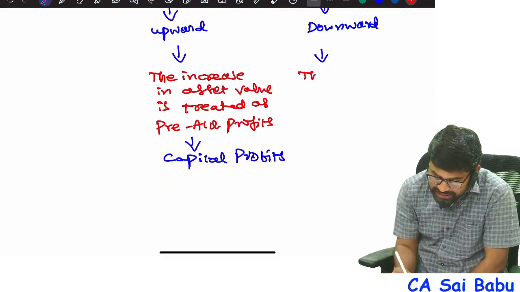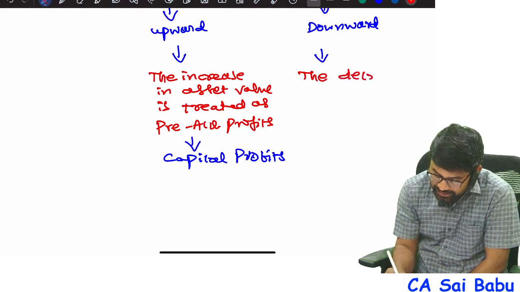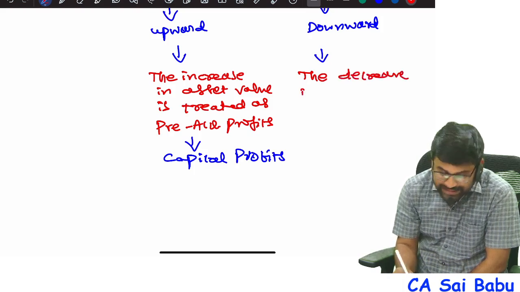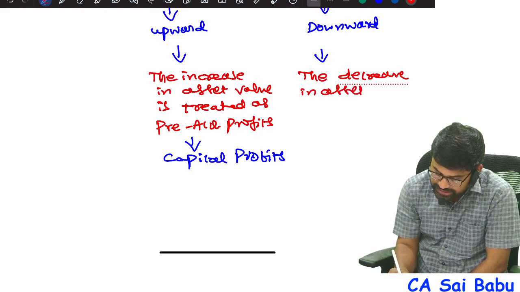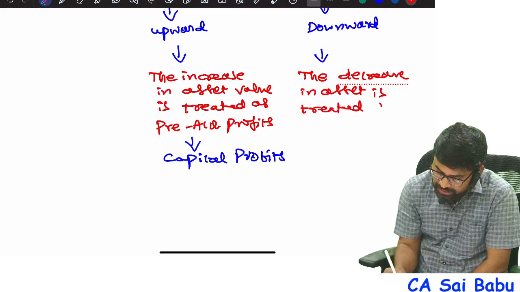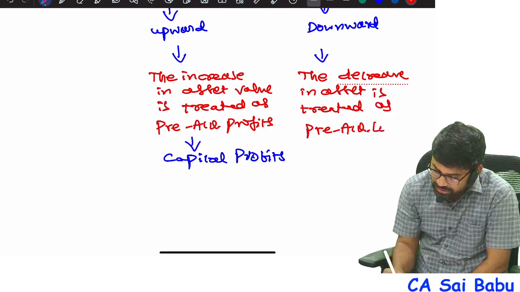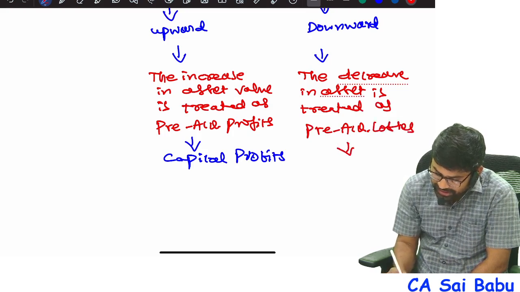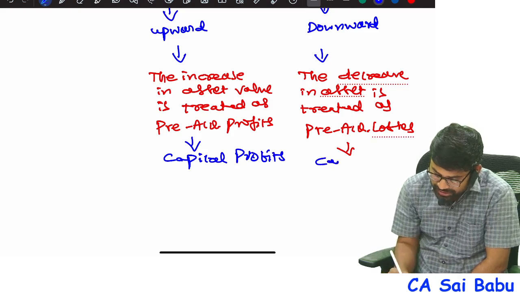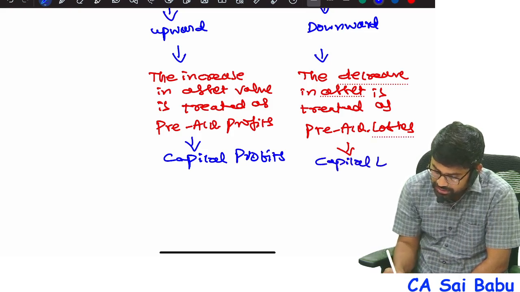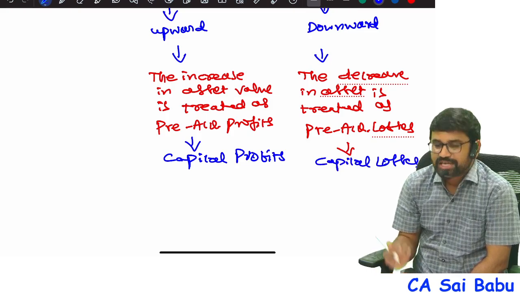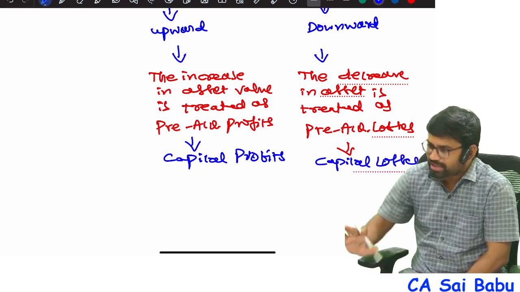The decrease in asset is treated as pre-acquisition losses. And it will be treated as what? Capital losses. Sir, whenever I said profits, the opposite will also be there.